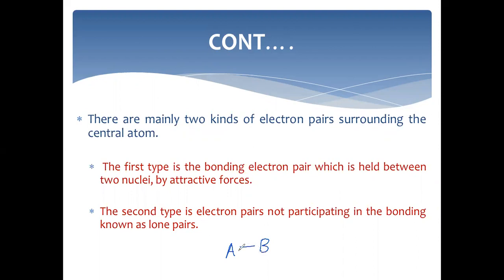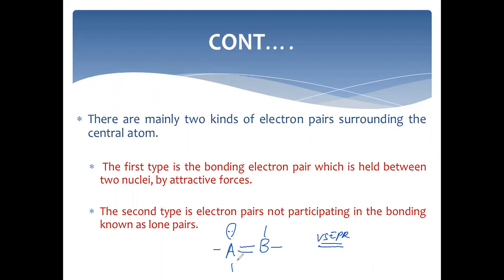A and B have a double bond. A has a lone pair, and B doesn't have any pair. When we talk about the VSEPR theory, who is the bonding pair and who is the lone pair? You should be able to find it.